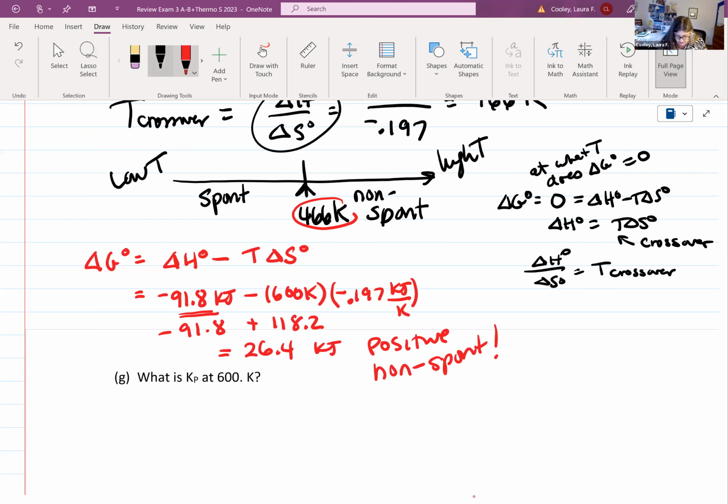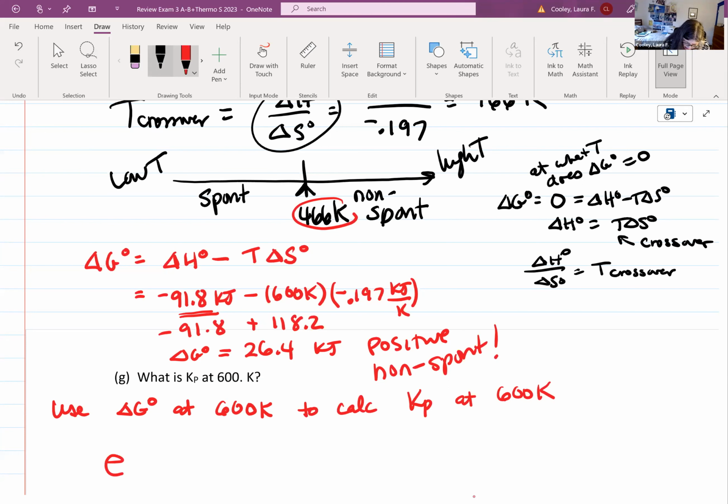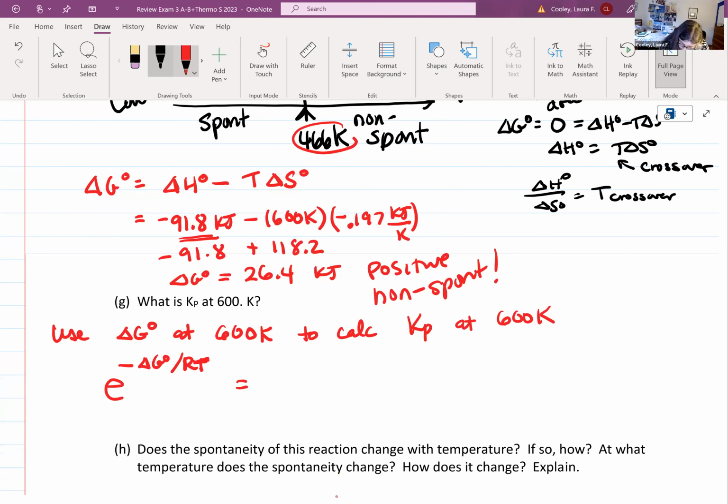And now we can use this delta G0 to calculate the equilibrium constant. It's just e to the negative delta G0 over RT. I like doing the exponent separately.